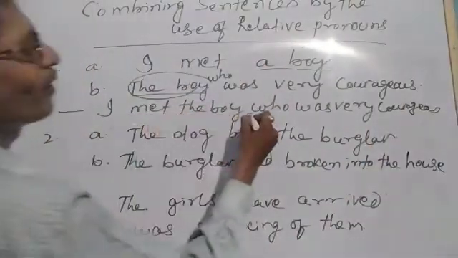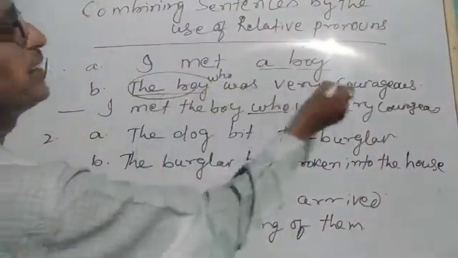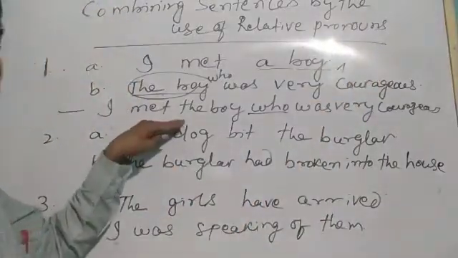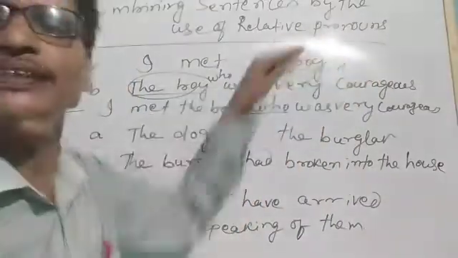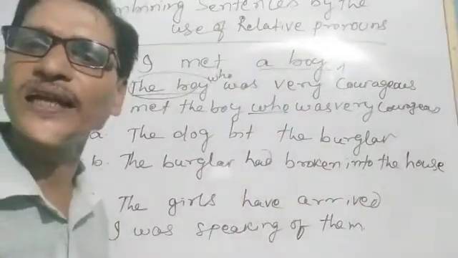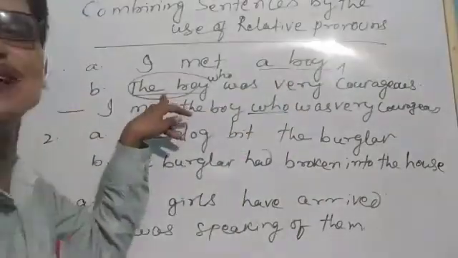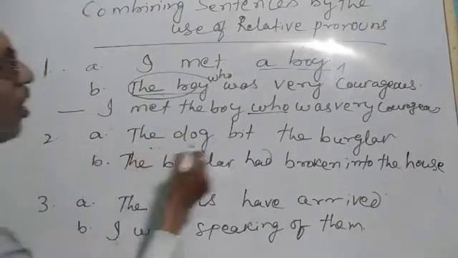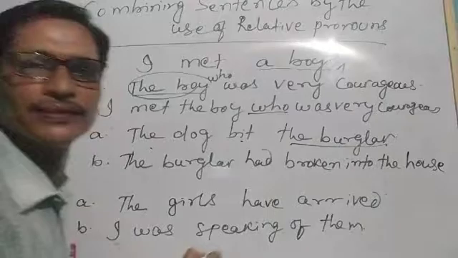I met the boy who was very courageous. We have added the second sentence to the first sentence using the relative pronoun who, because it is used as a subject.